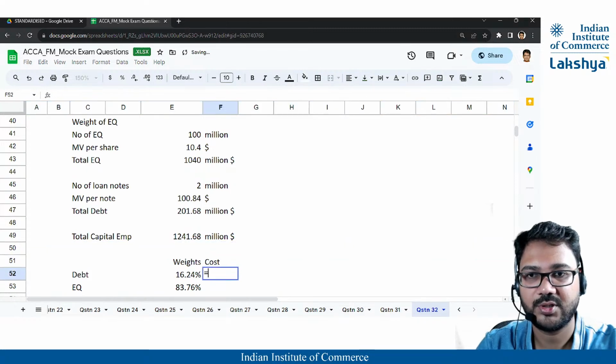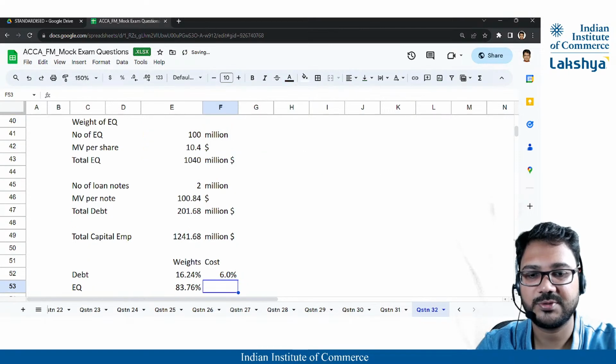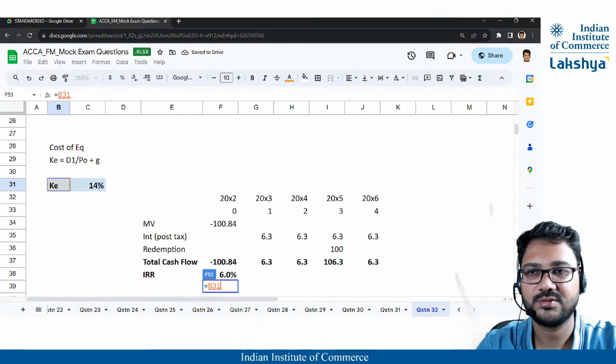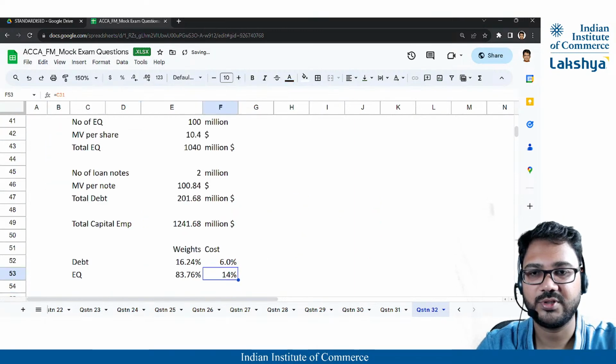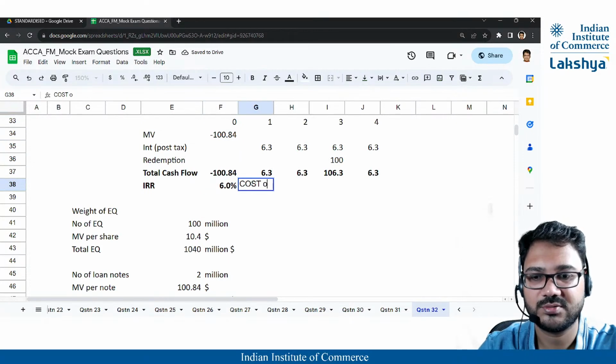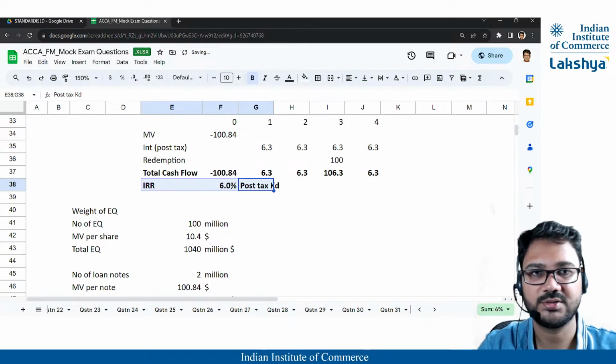Cost of debt is 6%, equity is 14%, and this is post-tax cost of debt, right? Just highlight this.